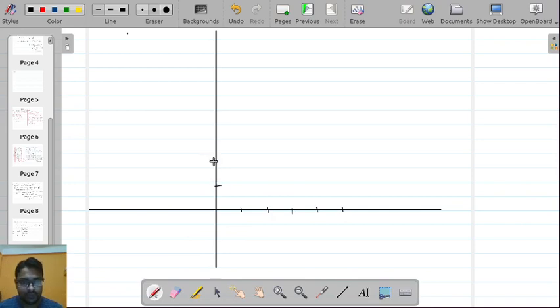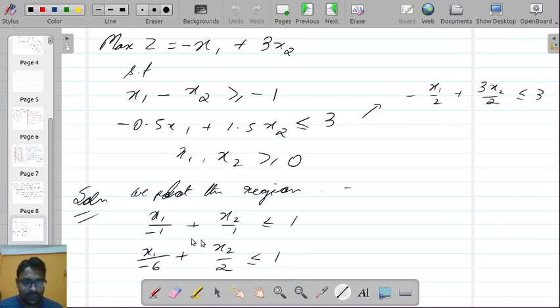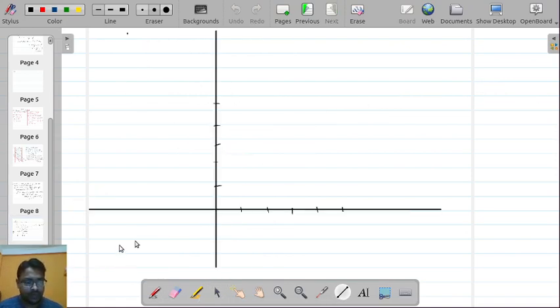We have x1 by minus 1 and x2 by 1. So x1 by minus 1 is somewhere here, and x2 by 1 is here. The line will be joining these two, something like this.